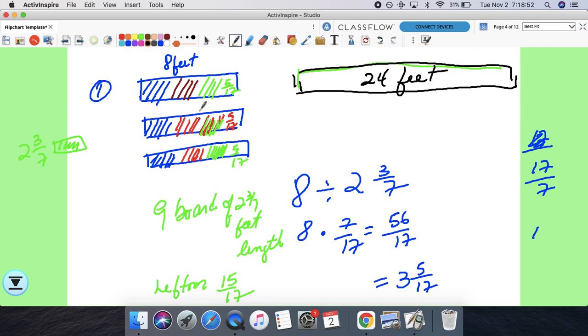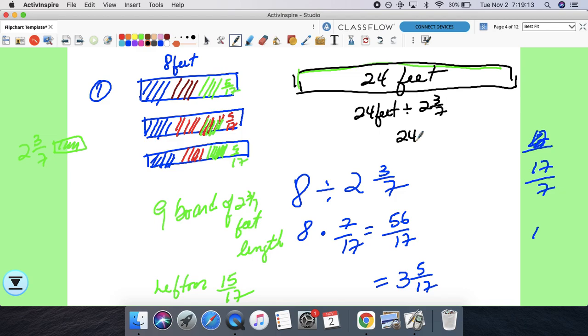Imagine if you could put all 3 boards together and somehow sand it or glue it and make one big long board. That would be a different question. So now you have 24 feet divided by 2 and 3 sevenths. How many boards of 2 and 3 sevenths can you make out of a 24 feet board?